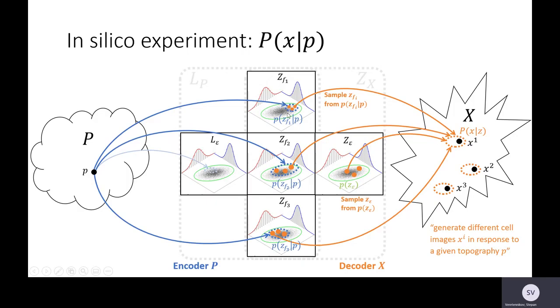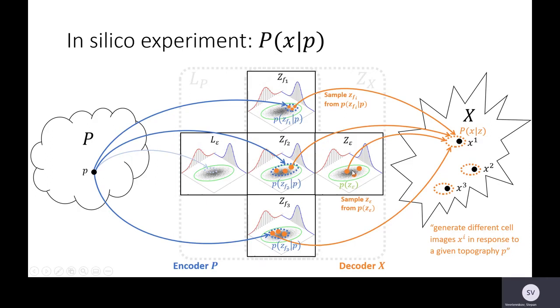We get some region, blue region in the space ZF1, and this region corresponds to a distribution of ZF1 given P. We get some region in the space ZF2, and we get some region or a distribution in the space ZF3. Now we would like to generate possible cell images, and to do that we take some point in this region. We take some point in the region ZF2, and we take some point in this region ZF3, and these regions correspond to a single topography.